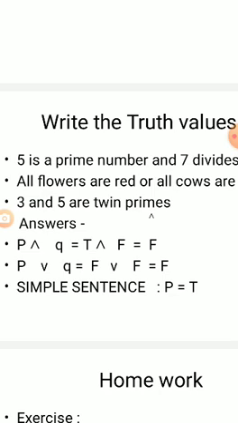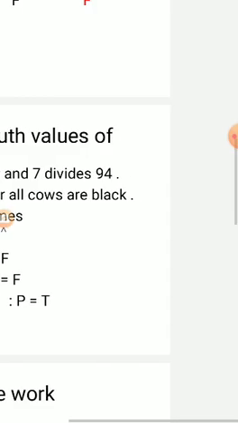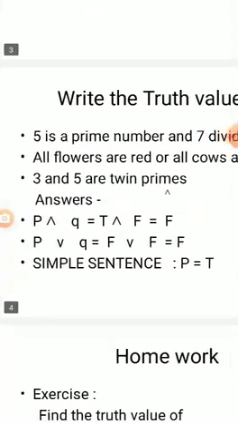That can be easily done once you write the compound sentence in symbolic form. Now here two simple sentences are connected by the word and, that is conjunction. So the given statement is P and Q.